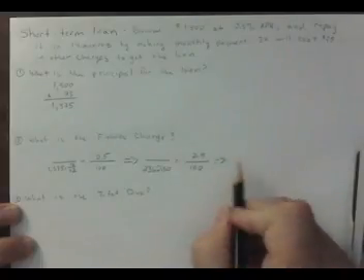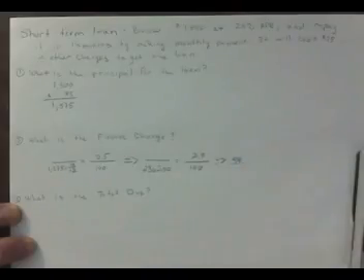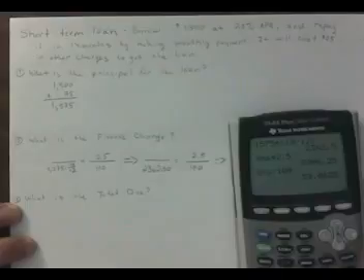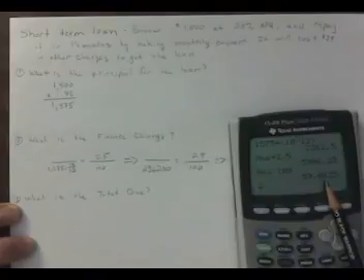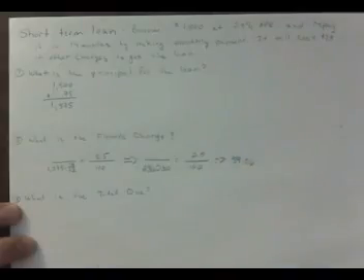That gives us $59, and we got 4 decimal places on our answer, but when we're doing money, we only round to 2 decimal places. So that's $59.06. So our finance charges are $59.06.